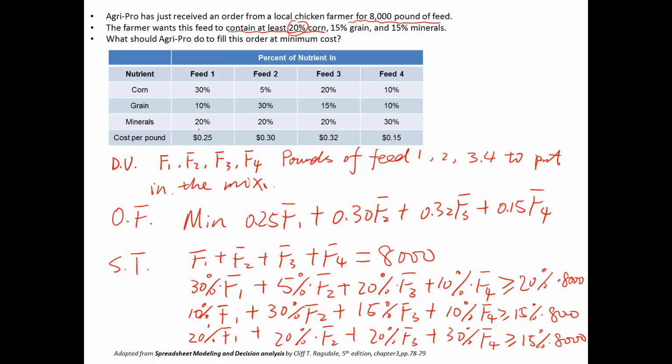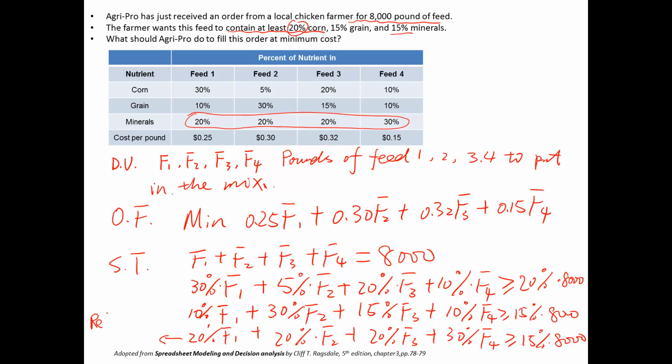If we look at the mineral, the percentage contained in all the feeds is at least 20%, and here it requires at least 15%. That means no matter how you mix them, the mineral requirement will be met. I will still put it here, but I should test you. What kind of constraint is this one?